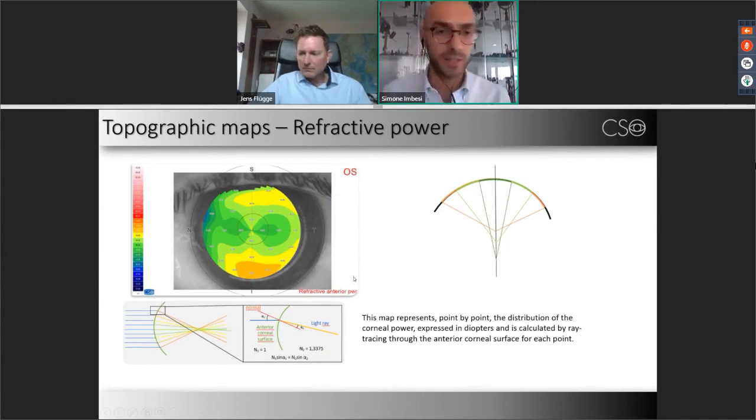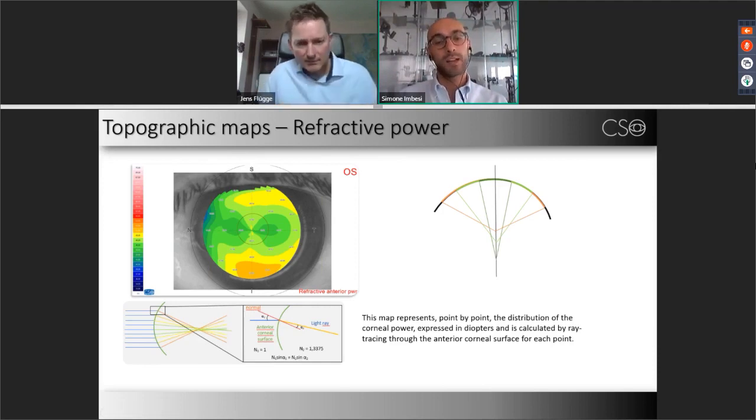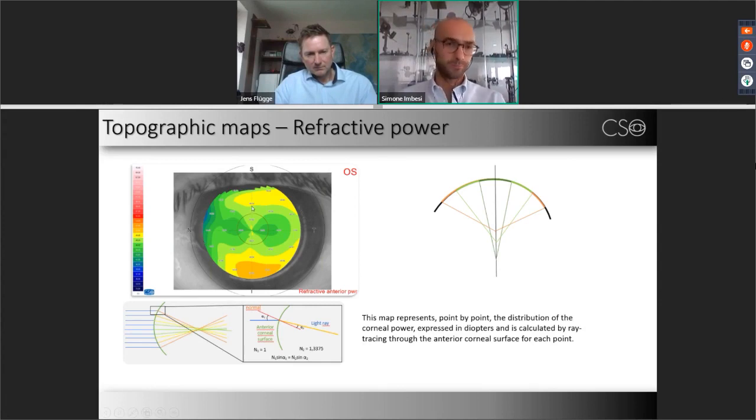Another important piece of data that we can obtain thanks to the knowledge of the normals to the cornea is, of course, the refractive power. As I said, thanks to the knowledge of the normal to the cornea, we can apply point by point a ray tracing algorithm based on Snell's law, and so we are able to understand even the power of the cornea point by point.